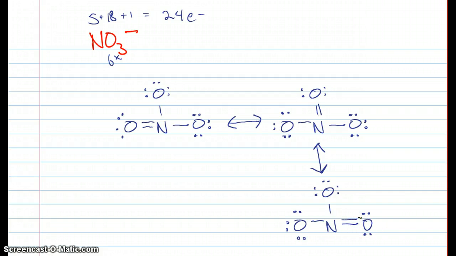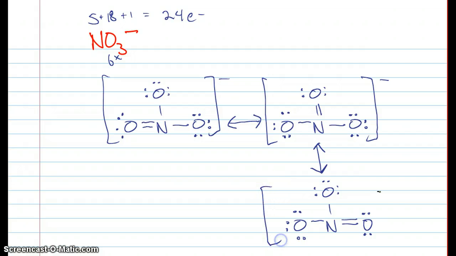So those are the 3 equivalent resonance structures for the nitrate anion. Oh, and since it's an ion, we have to put brackets around it and indicate the negative charge in the upper right-hand corner.